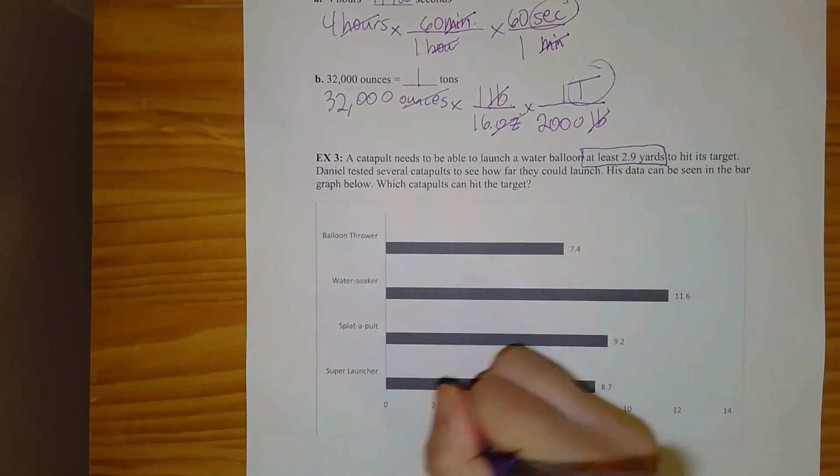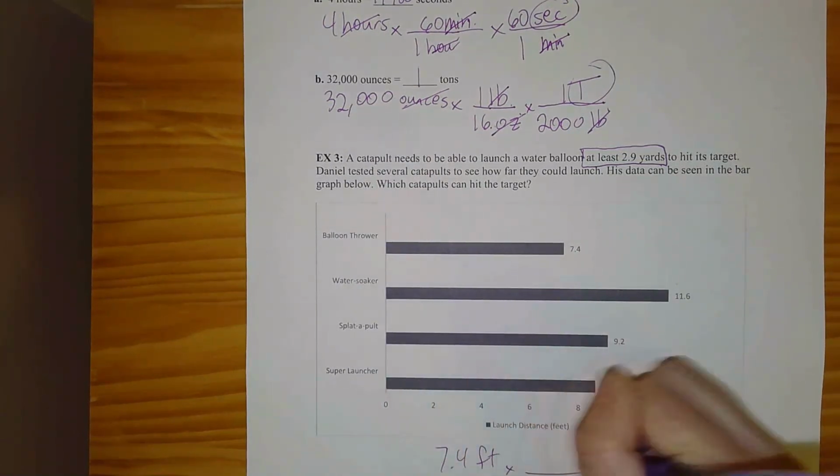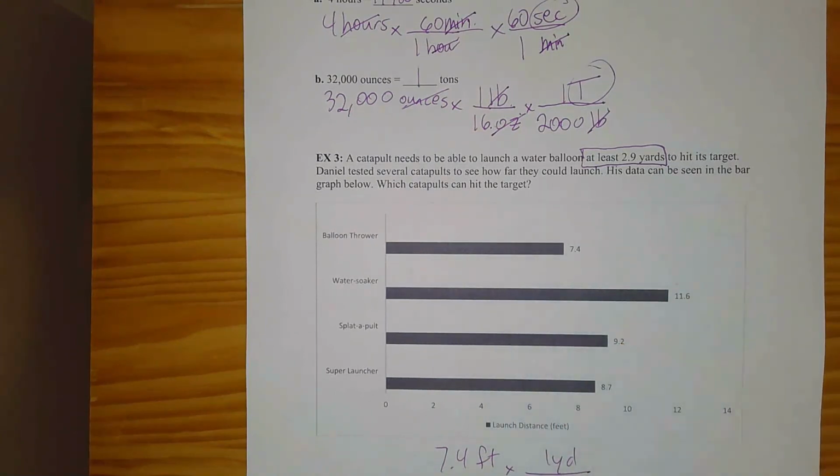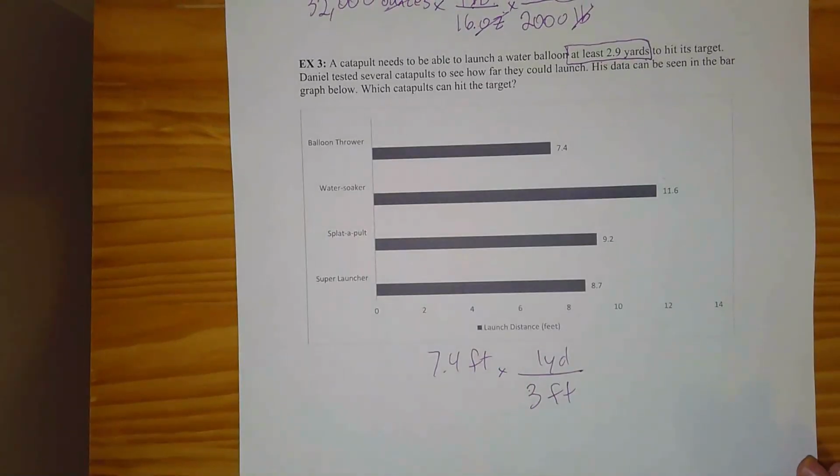So if you have like 7.4 feet, you know that there are 3 feet in 1 yard. So for each one of these, you're dividing by 3, okay, to compare them to yards. So once you compare them to yards, which ones actually hit the target?